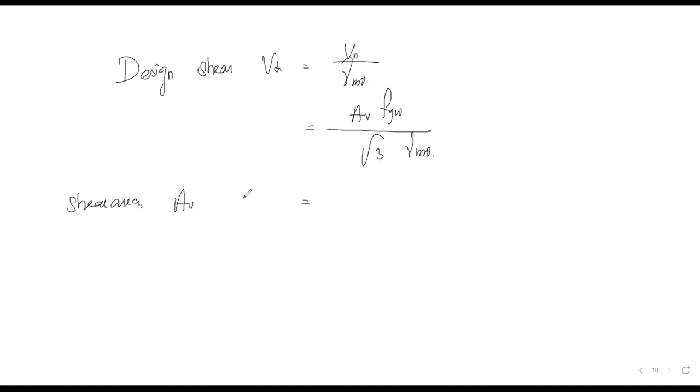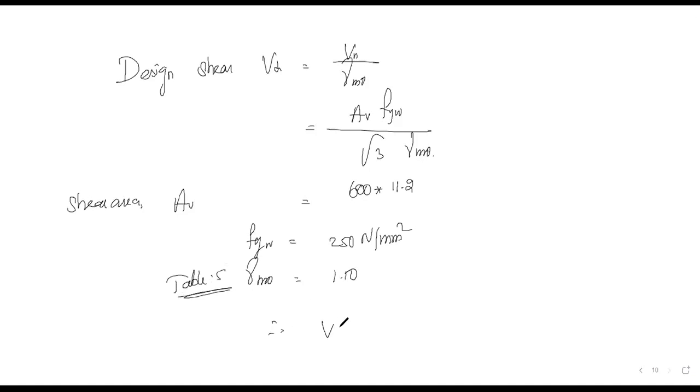That is the shear area, which is nothing but our web area. Okay, so our total height of the web is equal to 600 mm and the thickness of the web is equal to 11.2. Okay, and the Fyw value we know is 250 Newton per mm square. Gamma m naught we know from table 5 is 1.10. Therefore, our VD value is equal to 881.77 kilonewton.